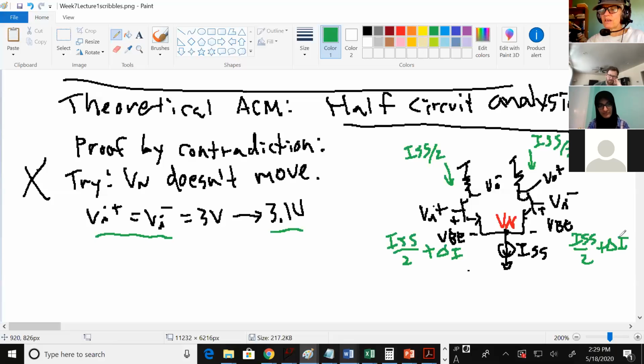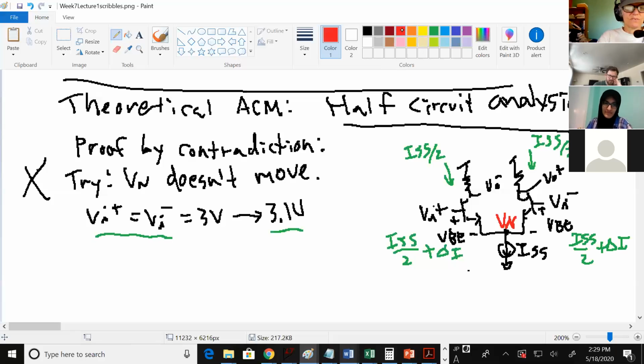So now you've got that. Do these sum to ISS now? No. So if you assume that Vn, should we call it Vx? We can call it Vx. If Vx doesn't move, then when you change the averages of the input, they won't sum to ISS anymore. So Vx has to move.